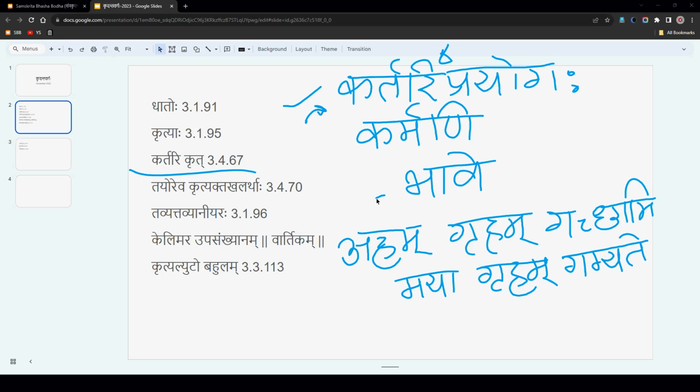Now a Bhave example. Aham hasami is Kartari, so Maya hasyate. Uttamam. Maya hasyate.